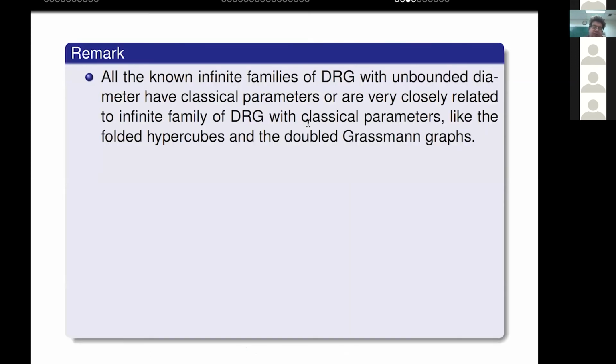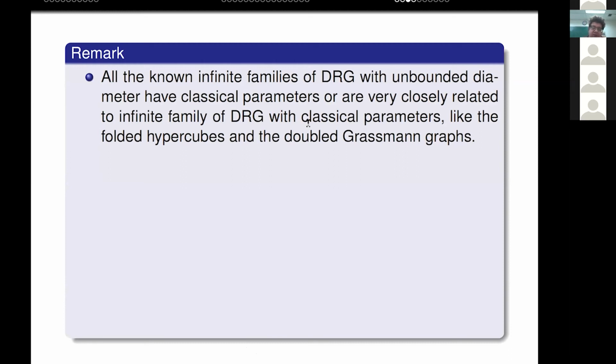So what I want to remark is all the known infinite families of distance regular graphs with unbounded diameter have classical parameters or are very closely related to some infinite family with classical parameters, like the folded hypercubes or the doubled Grassmann graphs.